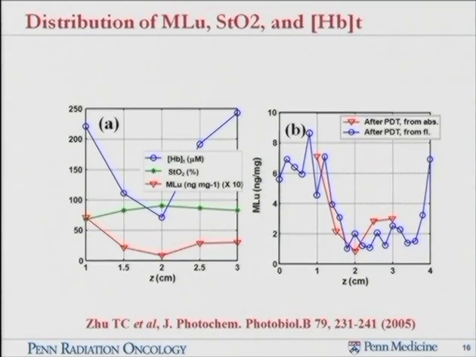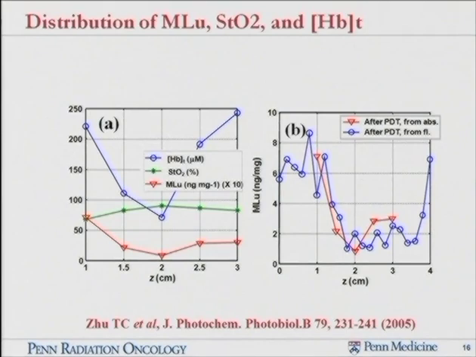And the same method can be used to look at the spatial distributions of these various quantities. This is data taken in prostate in vivo in a patient, and you can see there is a large change of total hemoglobin concentration, not much change of oxygen saturation or the drug concentration.